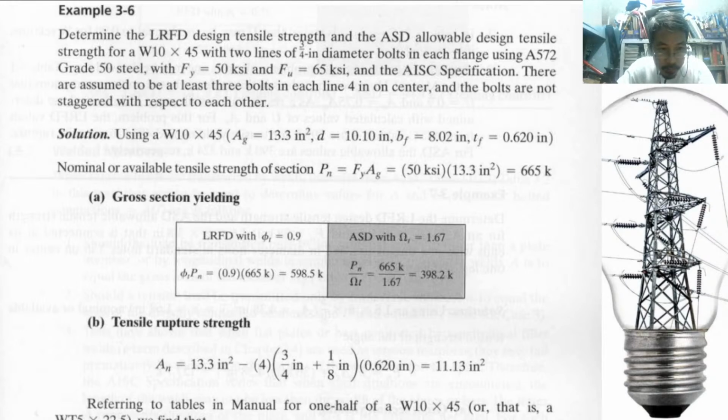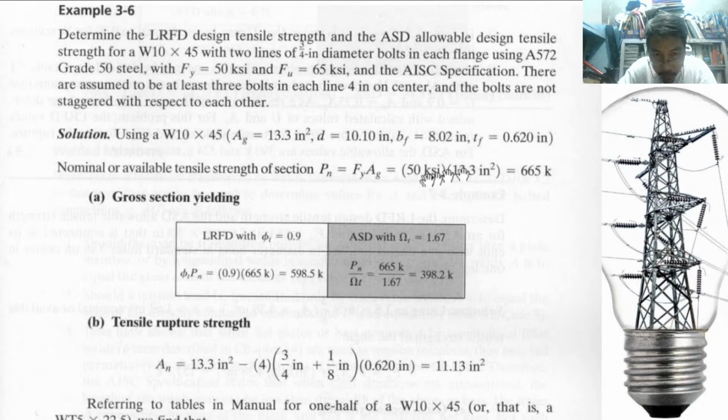Also, you can approximate the value of the ultimate by adding 25 to 40% of strength to your yield strength, to estimate the value of the ultimate.